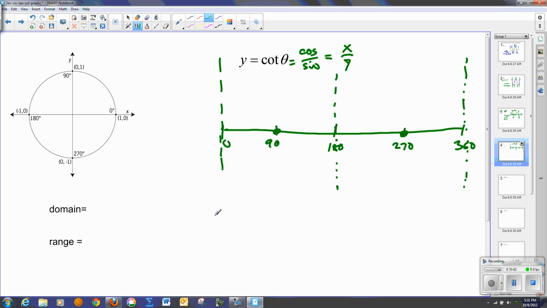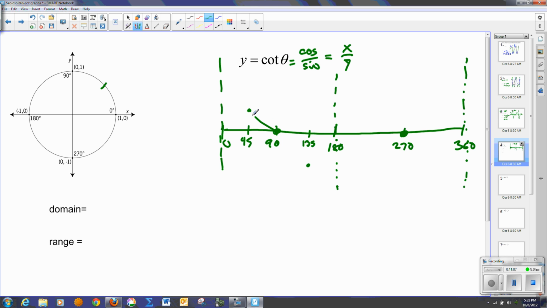Again, I'm out of luck because in this case, I don't have any dots to connect. So I'm going to look at my 45 and 135 points here. And I notice that at 45 degrees, my cotangent, or my x over y value, is 1. And at 135, I get negative 1.